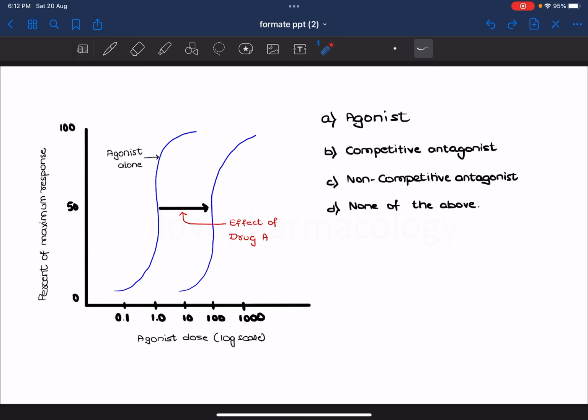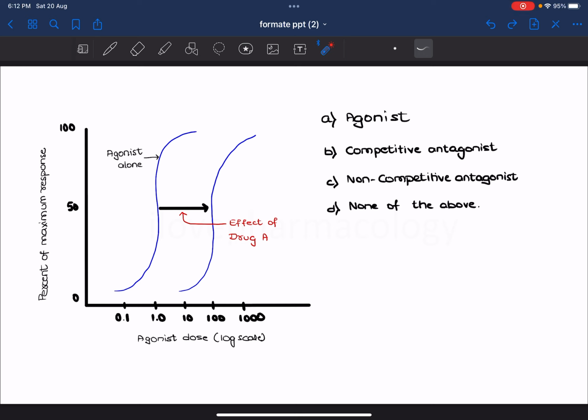So here you can see that there is an agonist which has been administered, agonist alone. So there is a response, you can see the response. So this is the potency and this is the efficacy.